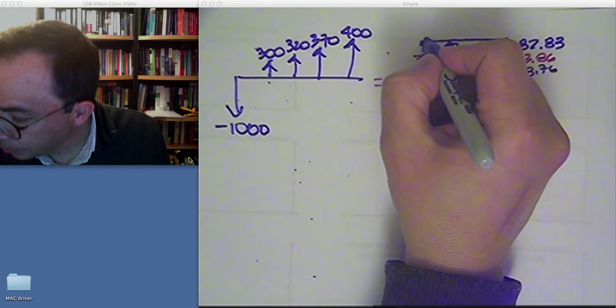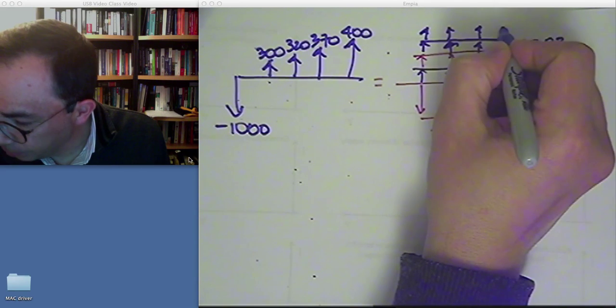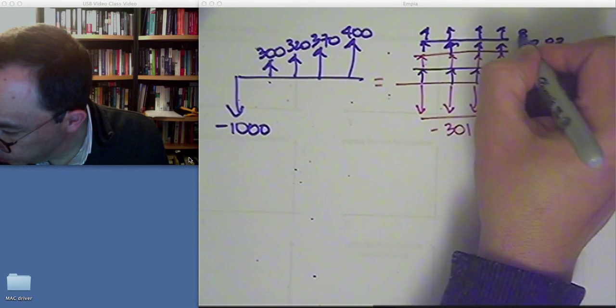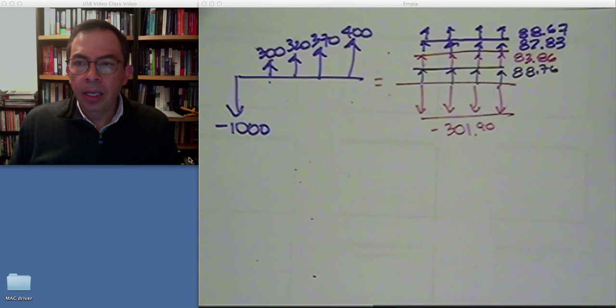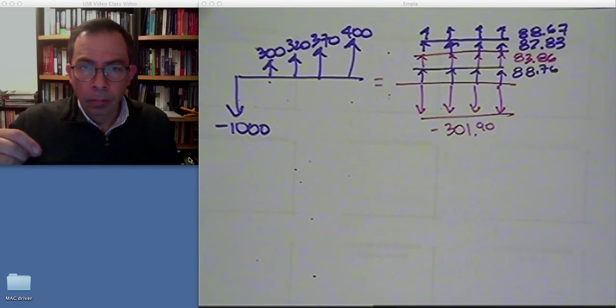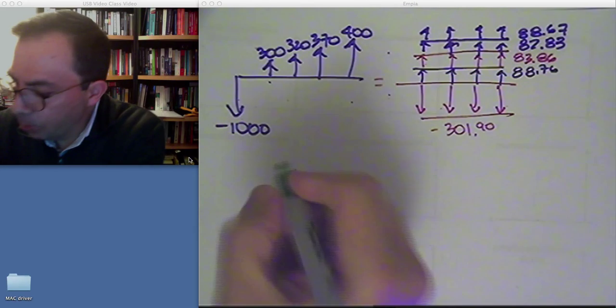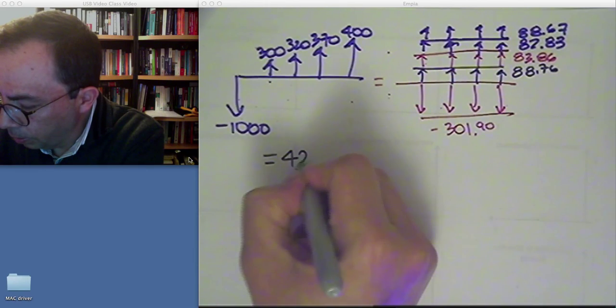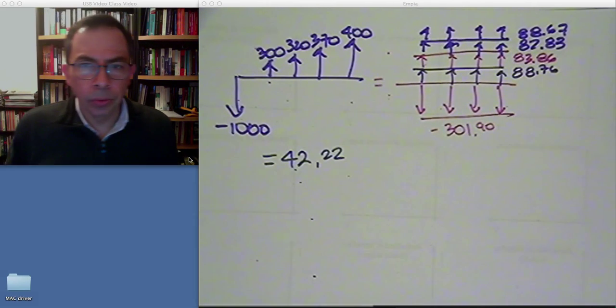And the last one up there for an extra 88.67. If you add up all of those amounts, this will be positive, equal to 42.22.